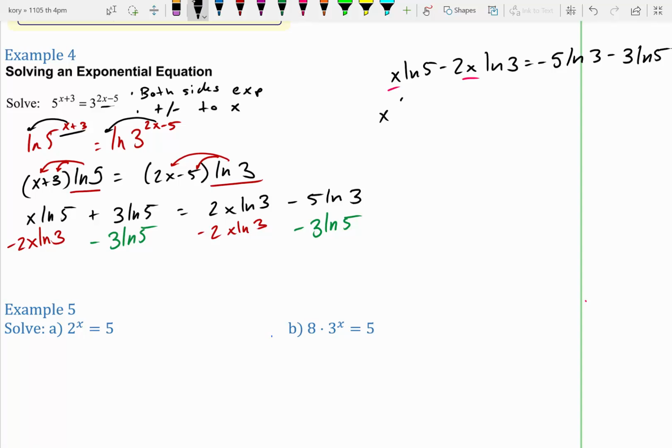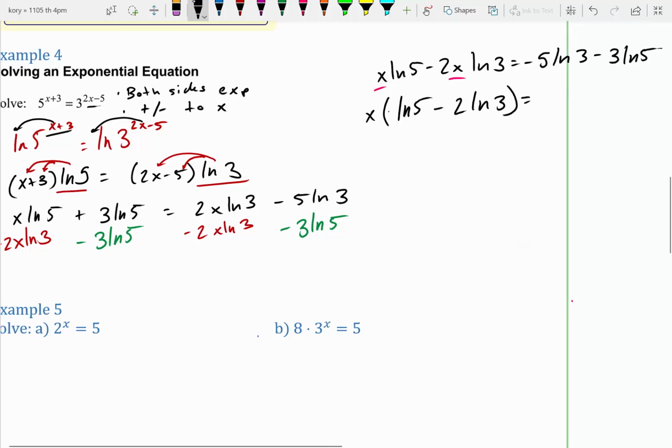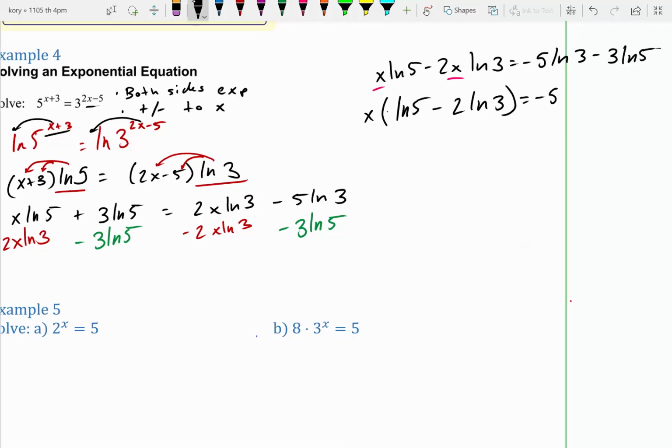So we have x ln 5 minus 2 ln 3 equals negative 5 ln 3 minus 3 ln 5. The last step, we divide. Because we're doing x times ln 5 minus 2 ln 3, we just divide it out.